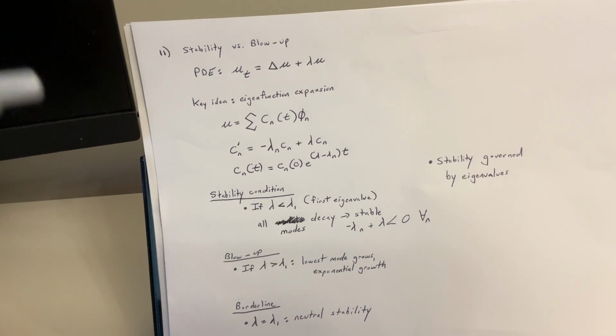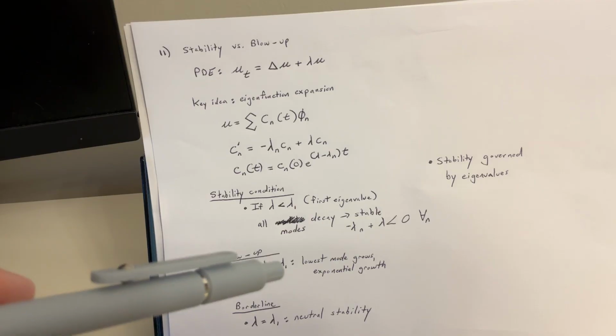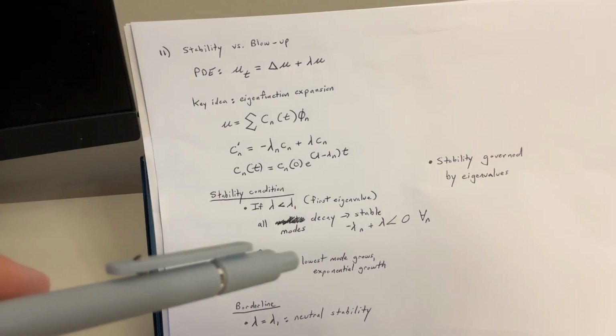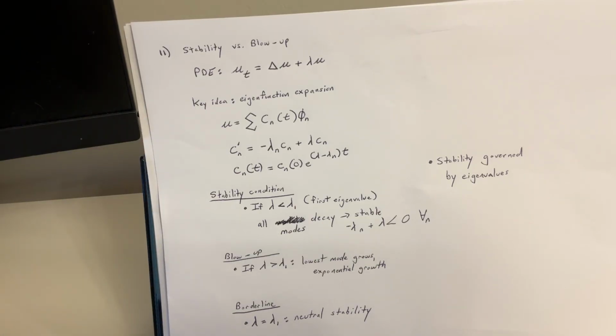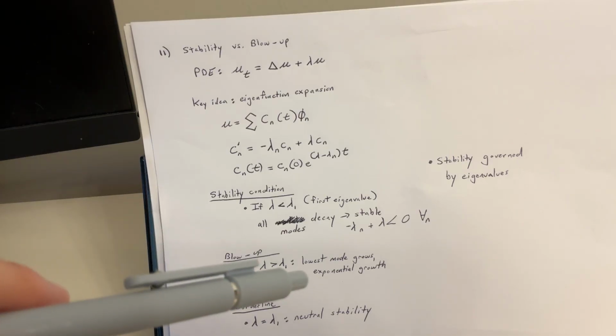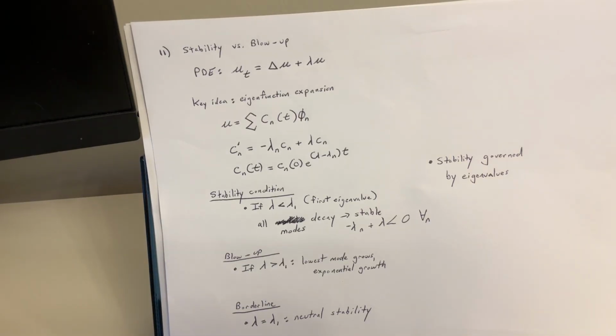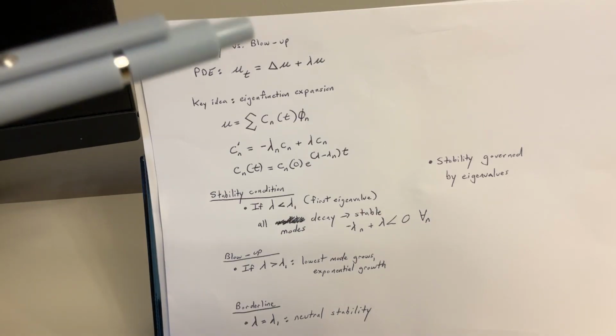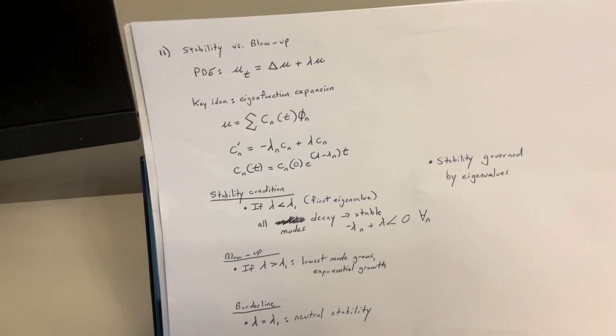And then there's the blow up. If lambda is greater than lambda sub 1, then the lowest mode grows. We get exponential growth. And think about why that would be for a PDE.